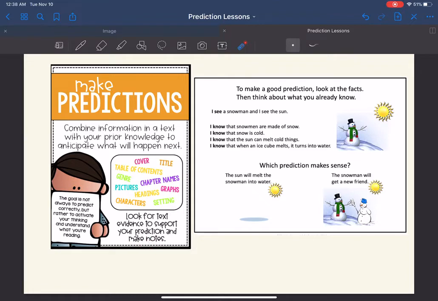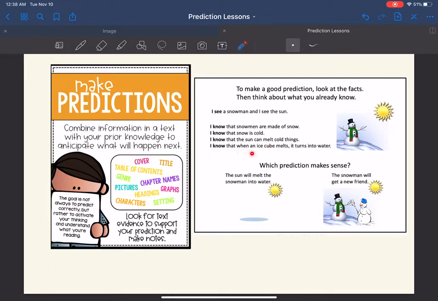So let's go through a few notes of practice first. Remember, to make a good prediction, you want to look at the facts. Then think about what you already know. For example, in this picture, I see a snowman and I see a sun. And I know that snowmen are made of snow. And I know that snow is cold. I also know that the sun can melt cold things.